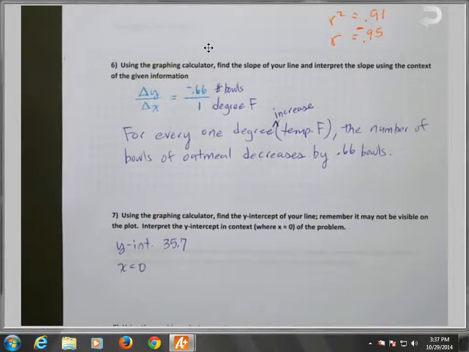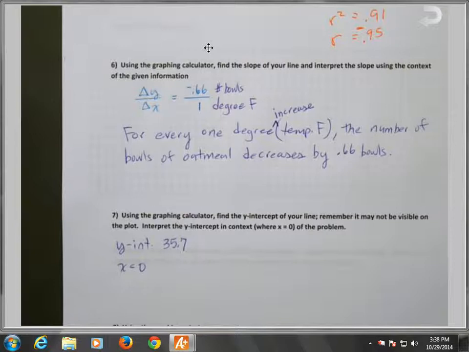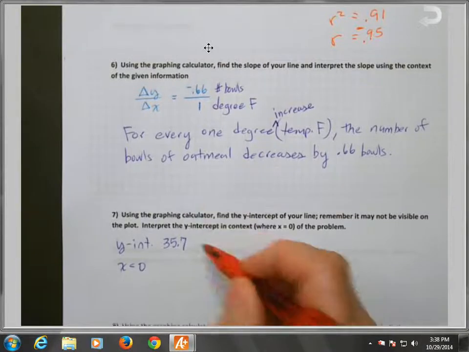So you're going to write the sentence anyway, even if it doesn't make sense, because one way or the other, it's providing evidence for us as to the strength of the actual correlation here and whether we can use this model or not. Okay, so we're going to write this, interpret the y-intercept in context. So this says that, let me just change colors for the fun of it. All right.